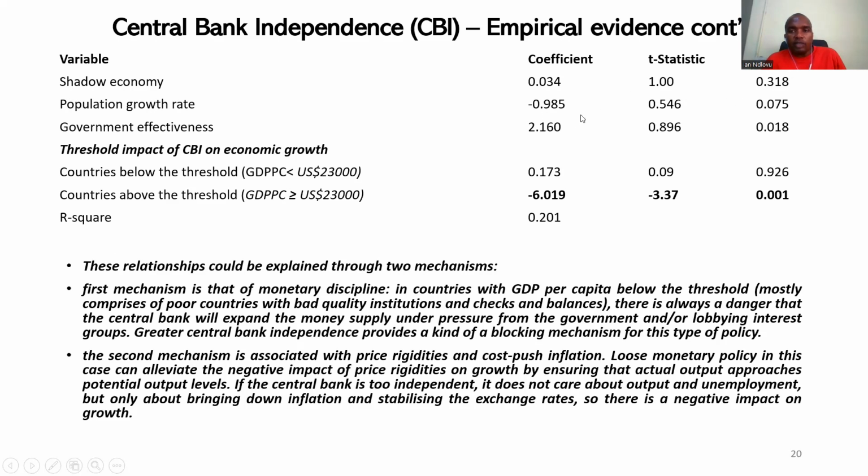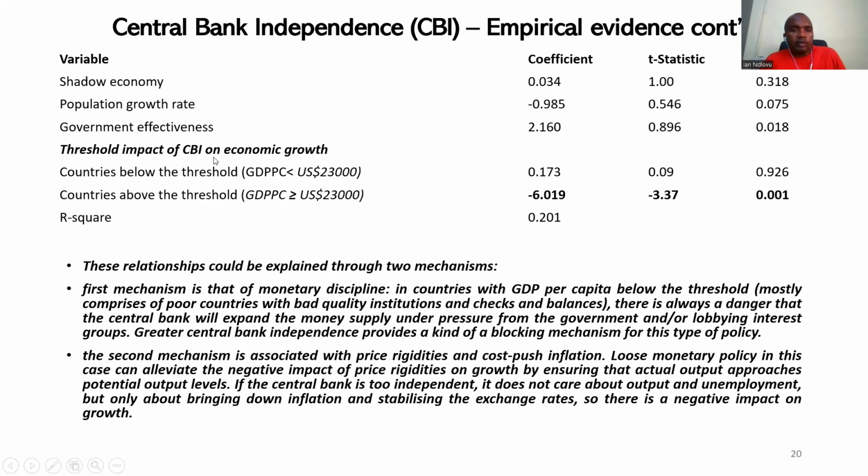Then the population growth rate has a negative coefficient with a t-statistic of 0.546 and a probability value of 0.075, which is also statistically insignificant. And then government effectiveness has a coefficient of 2.160 with a t-statistic of 0.896, and that coefficient is statistically significant.